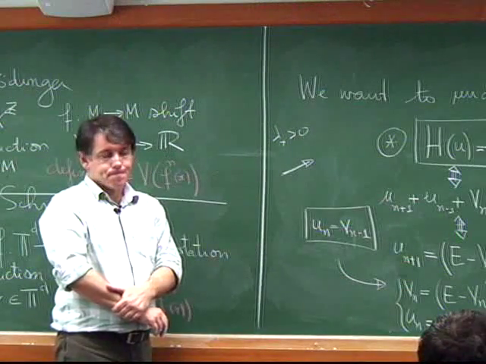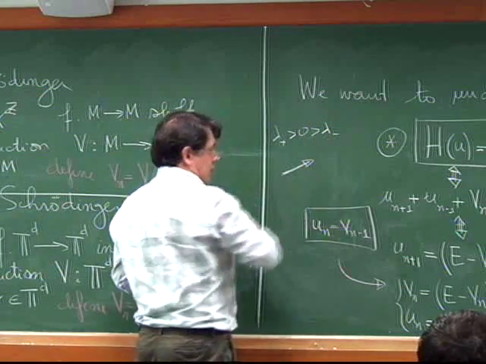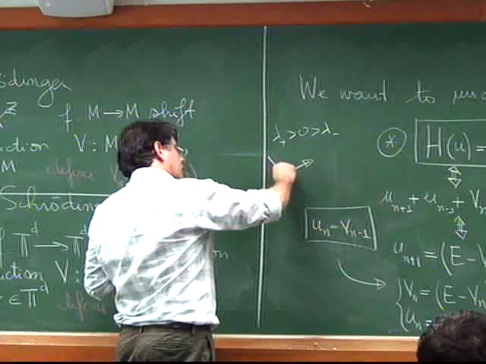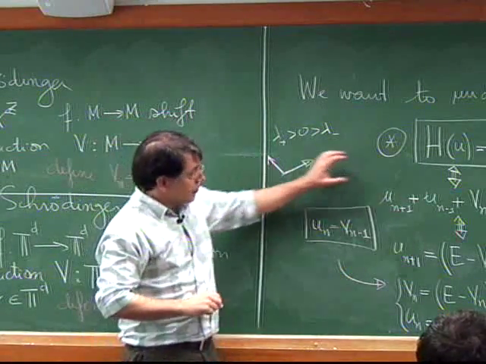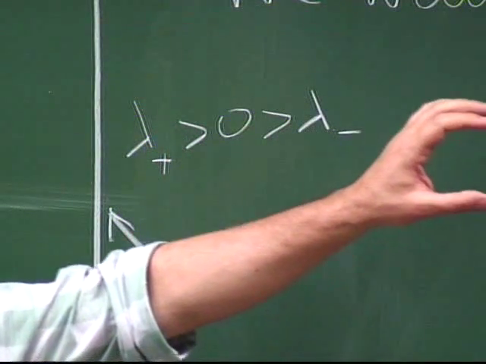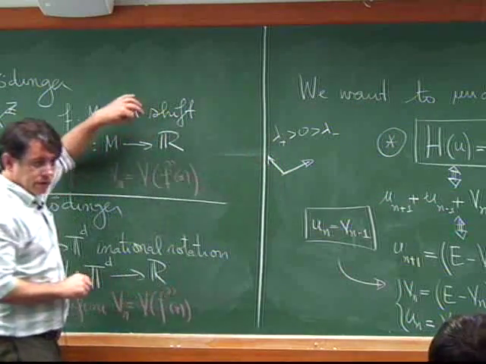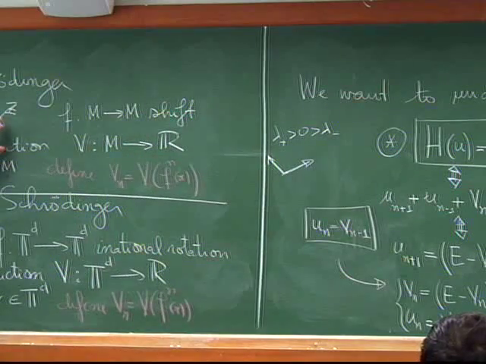On the other hand, this also implies that lambda minus is negative. So there's some other vector, not necessarily orthogonal, such that by iteration in the future is going to contract, and so by iteration to the past is going to expand. We are in an invertible situation.